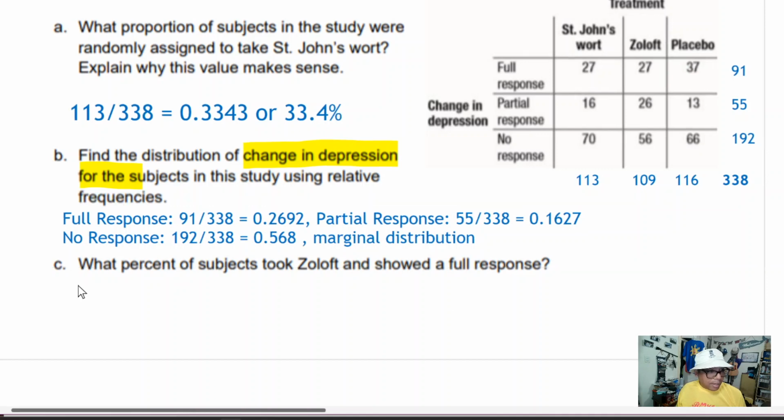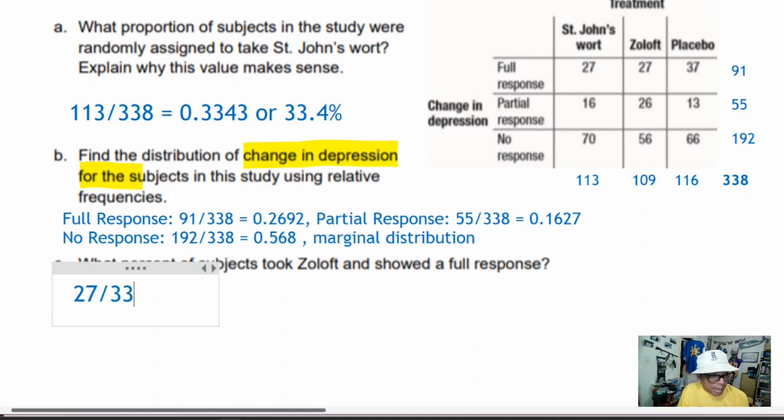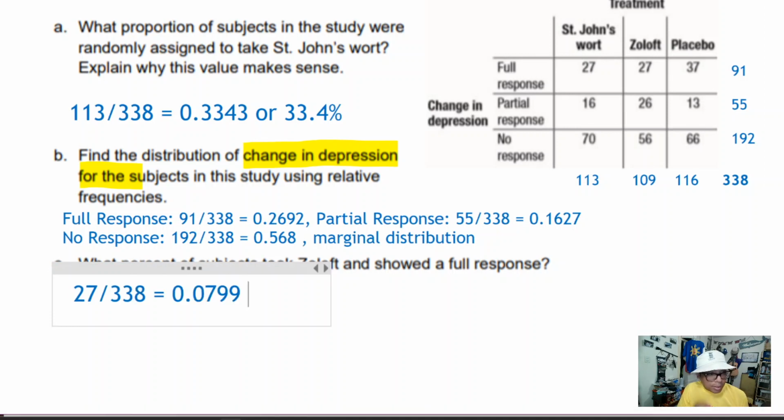Okay. Next, what percentage of subjects took Zoloft and showed a full response? Zoloft and full response, that is 27 out of the 338 total. So 27 divided by 338, that is about 7.99%.